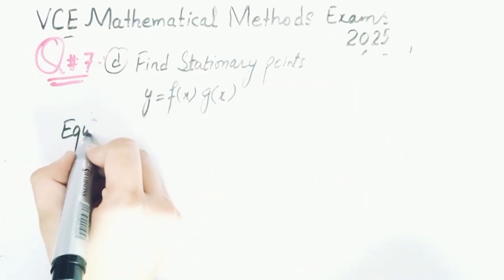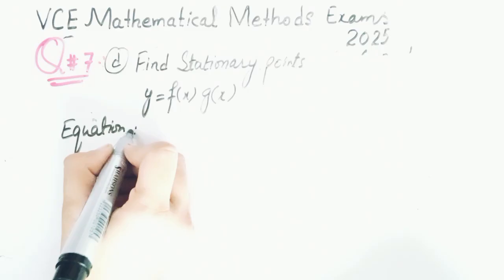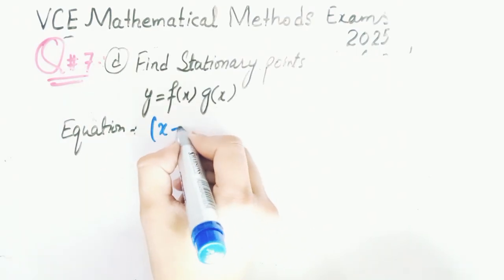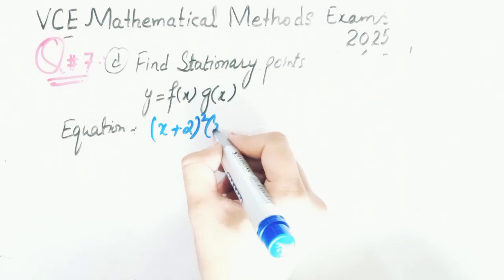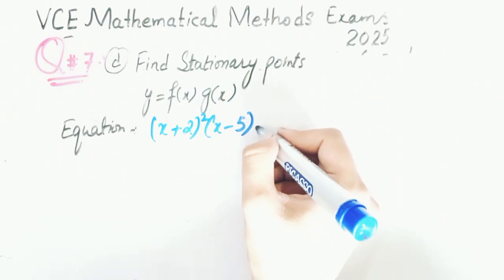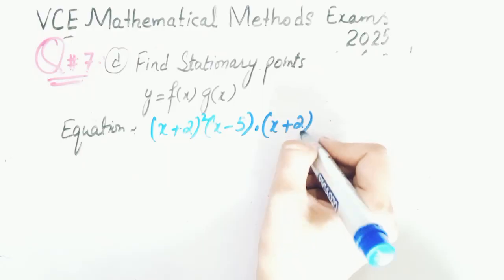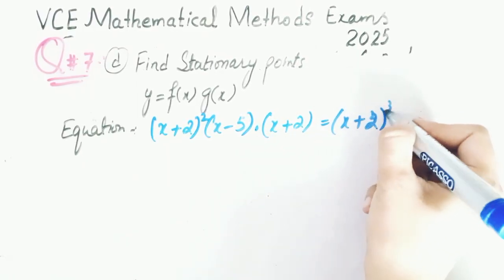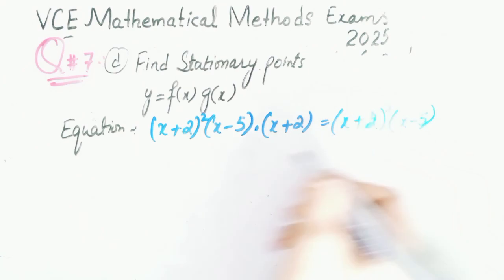The equation is, what is the value of the equation? (x plus 2) square and (x minus 5). So times of x plus 2, that becomes (x plus 2) cube (x minus 5).